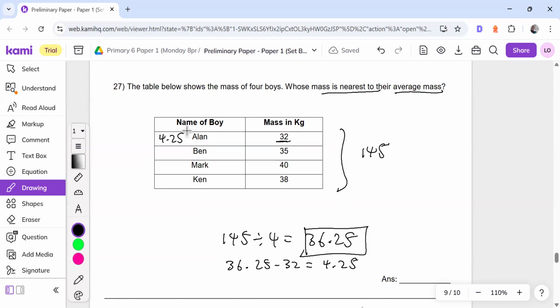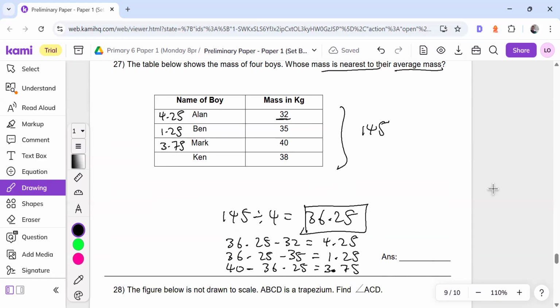So let's write down here. Then take 36.25 minus Ben, which is 35. And the difference is 1.25. So put down here. And then 40 minus 36.25 to get 3.75. And put here.